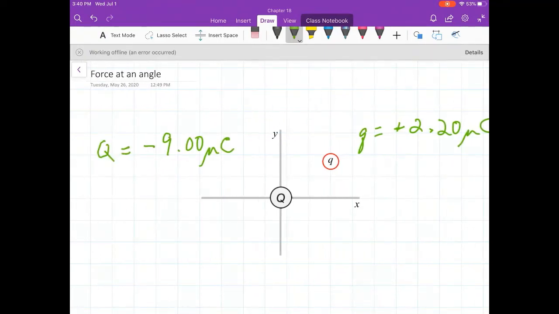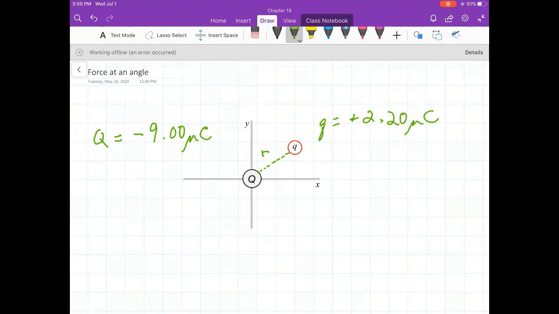Now, what about the distance between them? Well, let's imagine some separation like that. We'll call it R. For the separation R, let's use a value R equals 55 centimeter. Now, let's go ahead and convert this to meter, because that's the correct unit to use in the equation.